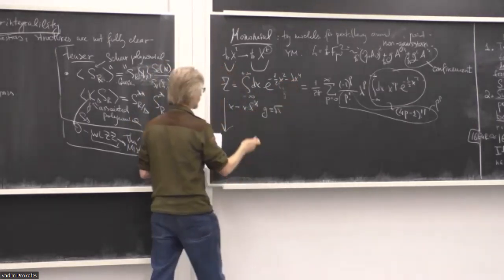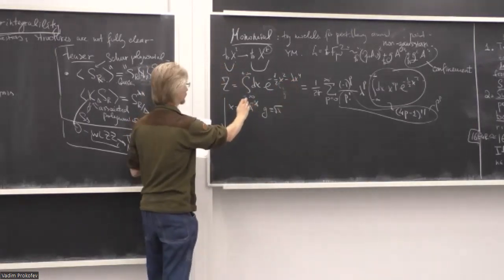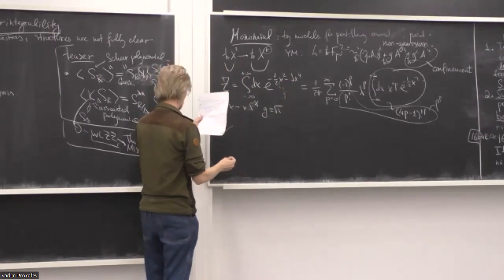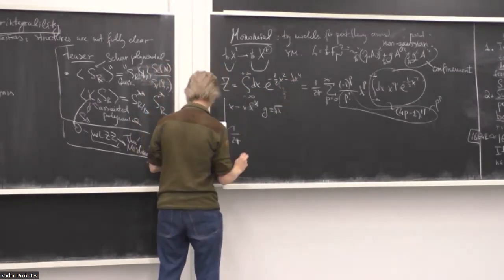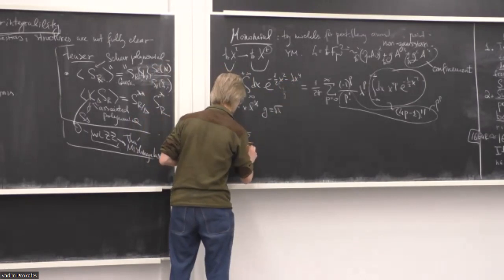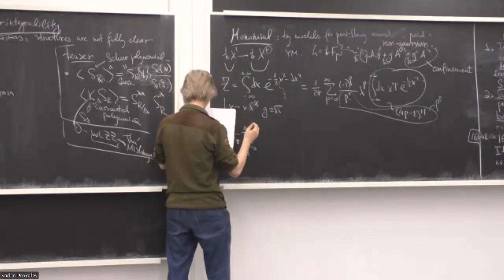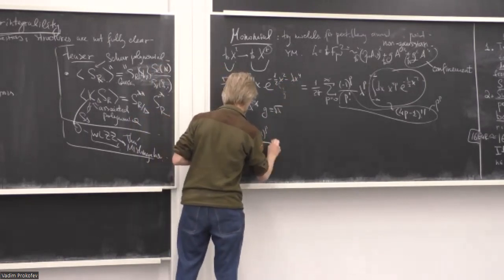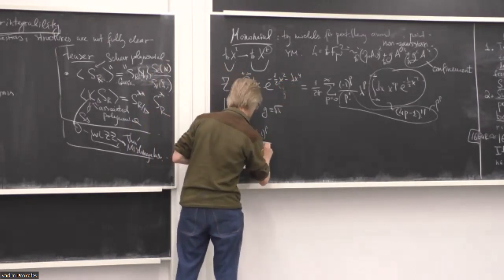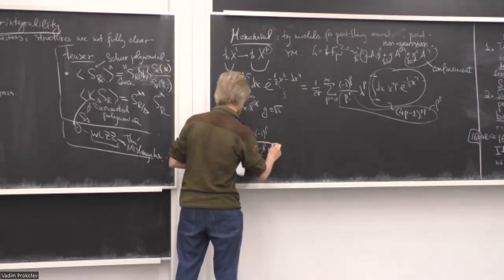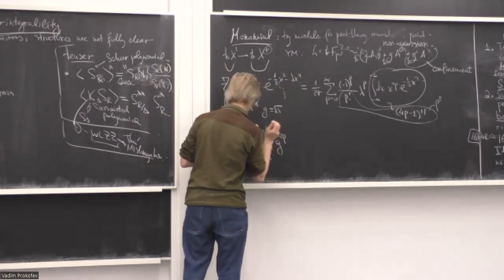And then we expand in powers of 1/g to obtain 1/pi sum over p from 0 to infinity of minus 1 to the p over p factorial g to the power minus 2p, and then the integral.